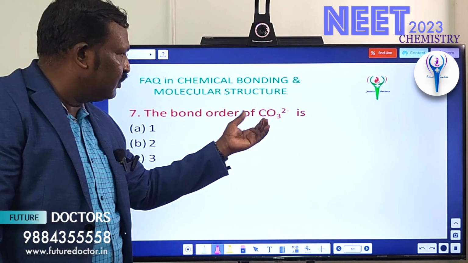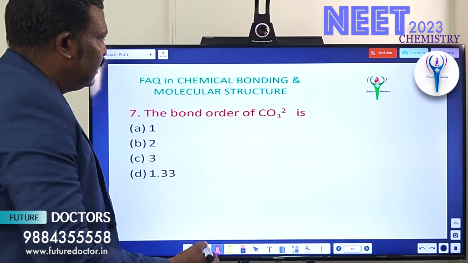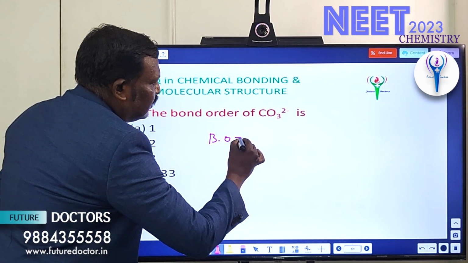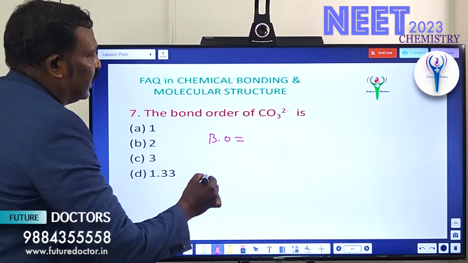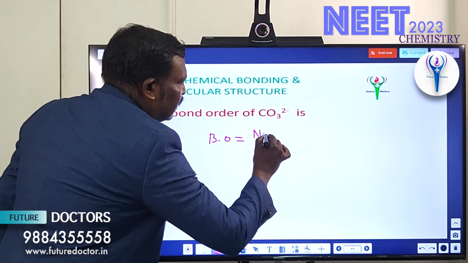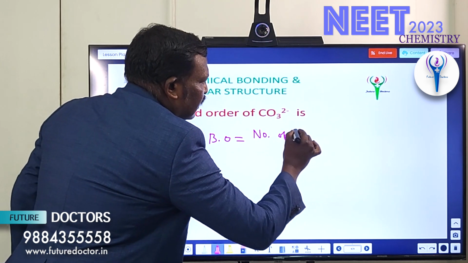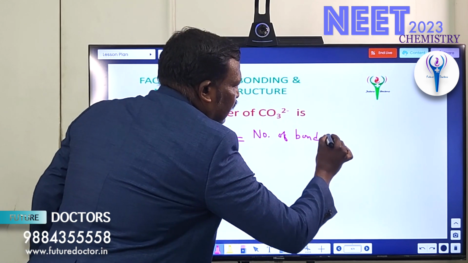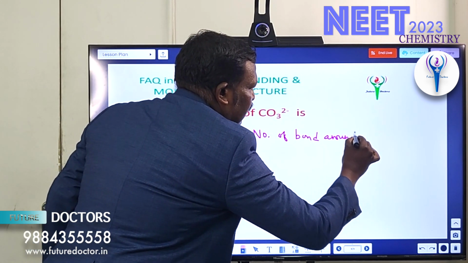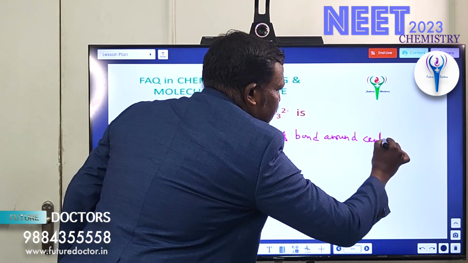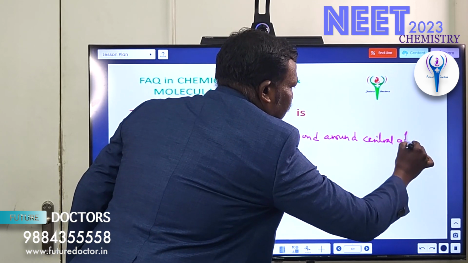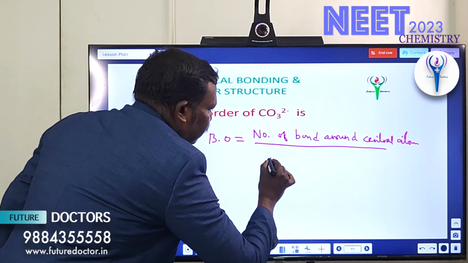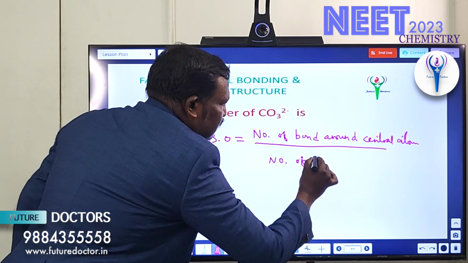In a polyatomic molecule, how do we find the bond order? Here I'll simply write it. Bond order is equal to the number of bonds around the central atom divided by the number of resonance structures.